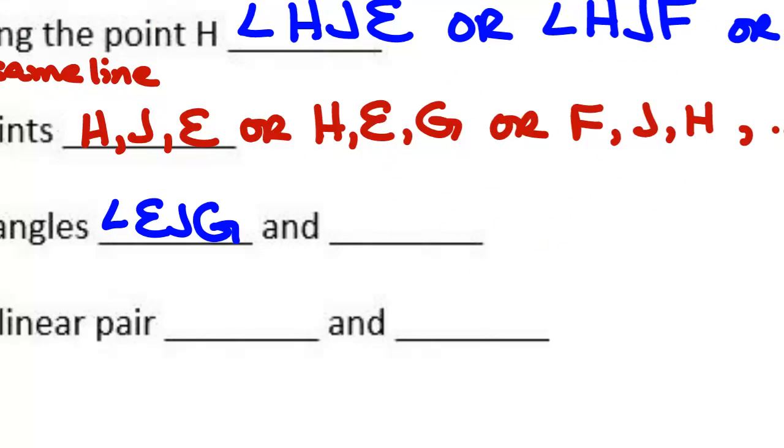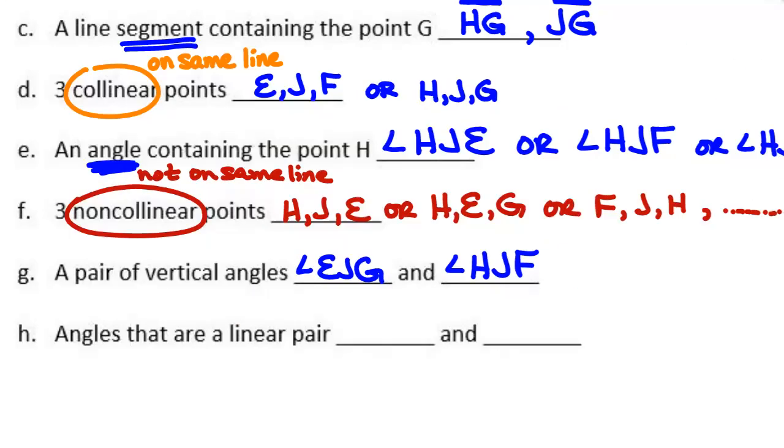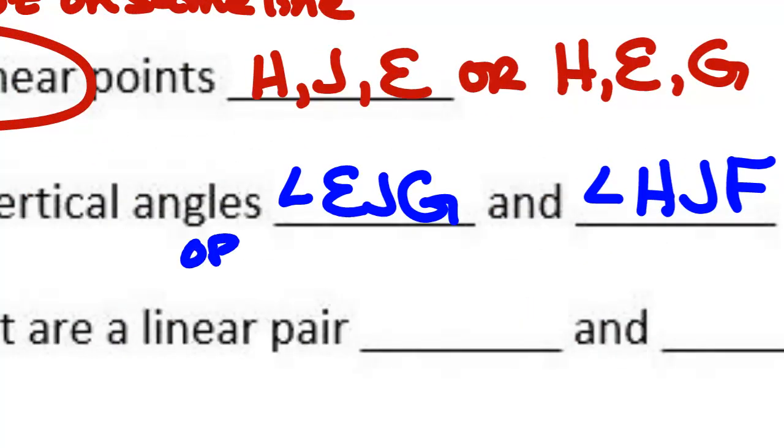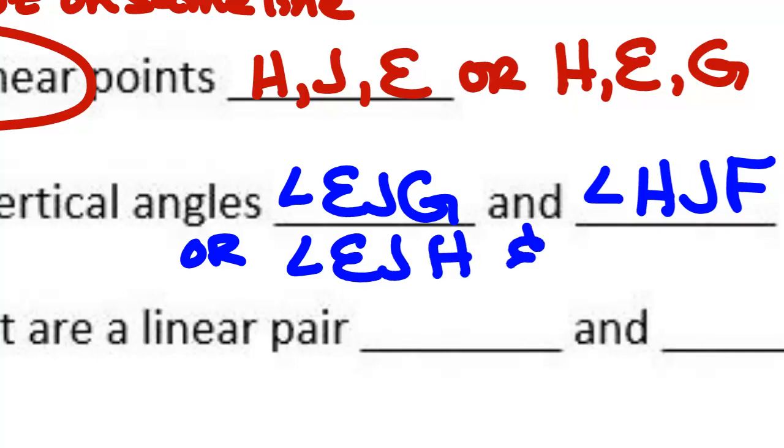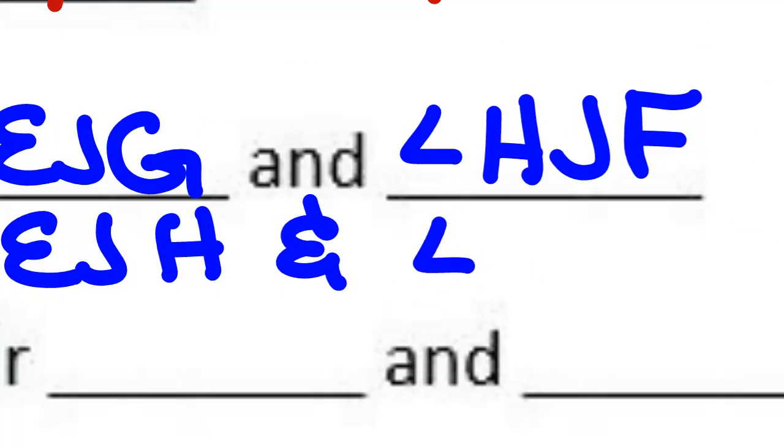HJF. What about if we'd gone the other way? What about if I said EJH? GJF.